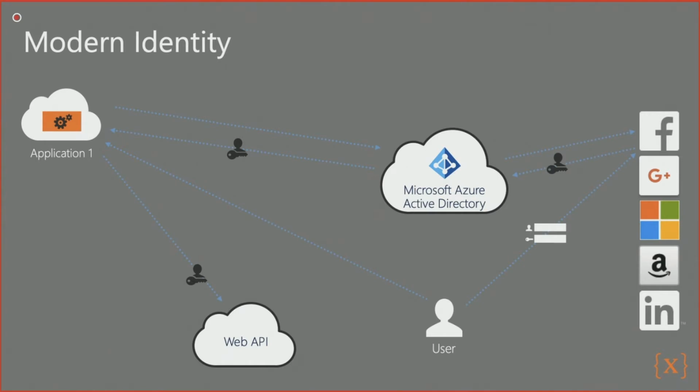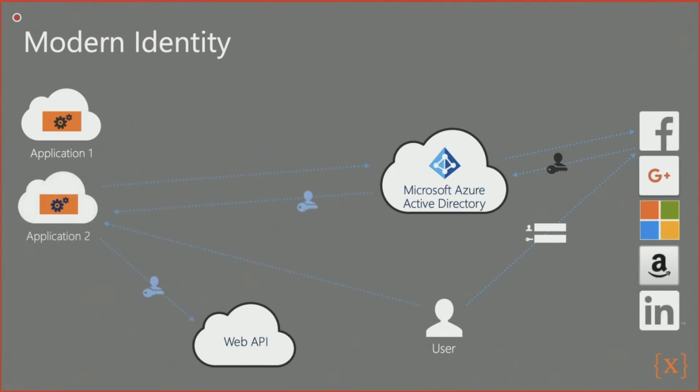User signs in there this time, or if they're already signed in, they'll just be passed back through. And then that token goes back to the application, and then they can access the application and web API just like before. Now they can also go back to application 1. It's not shown, but once we have that token, it's minted for any of our applications that are affiliated with Azure Active Directory.